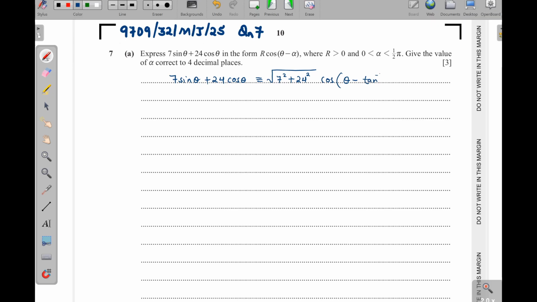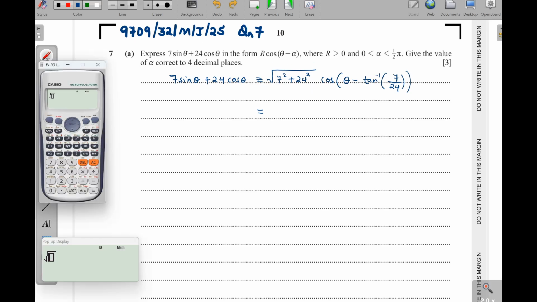It is the arctan of, as I've already said if you have been following me in those videos on this channel, the coefficient of cosine, since I'm expressing this in terms of cosine, is the one that goes down here in the arctan. And then the one for sine is the one that goes up. So we get the square root of 7 squared plus 24 squared. That gives us 25.